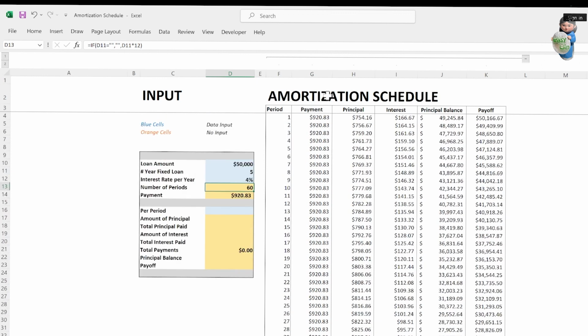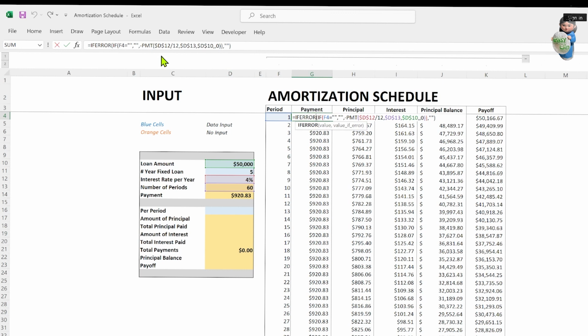And the way I set up this table is, let me just quickly walk you through. These are the period, and this automatically adds 1 going down here. For the payment, the value is the same throughout all the 60 periods. So here I use the Excel function PMT for payment.